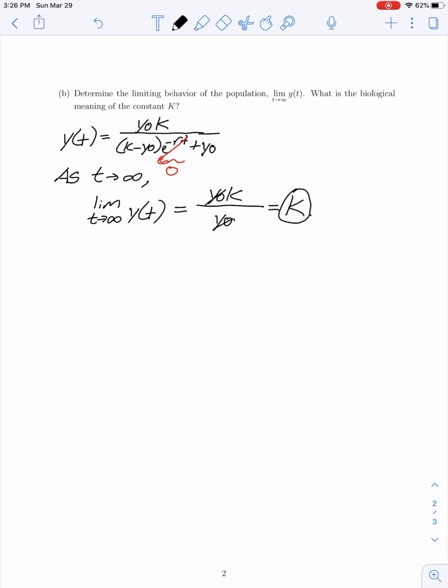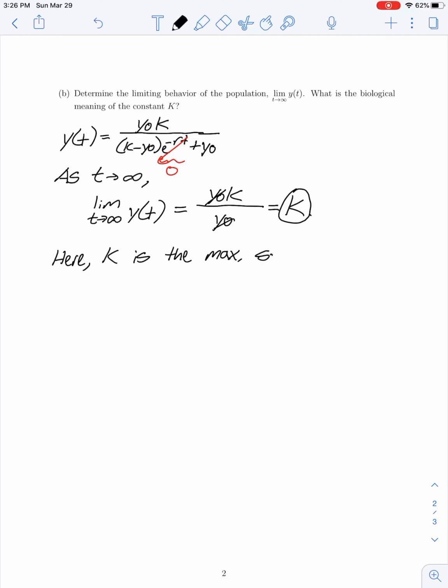So what is the biological meaning of this constant? Well, it represents the maximum sustainable population size for a given species. It's often called the carrying capacity of the population. So remember, one unrealistic feature of the exponential growth model that we saw in our earlier section was that the population size becomes unbounded. And we know that realistically there's an upper limit to a population size for any species.